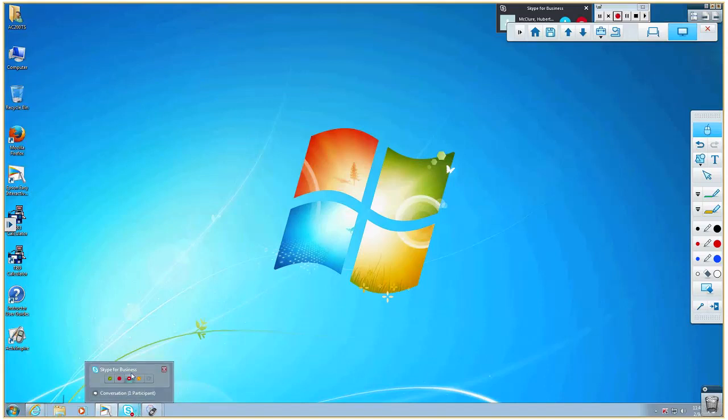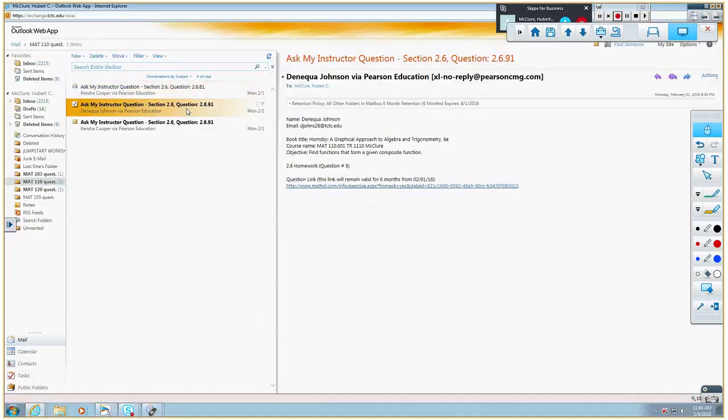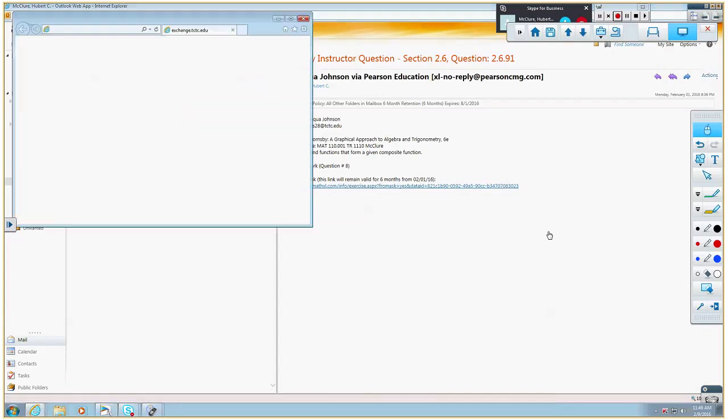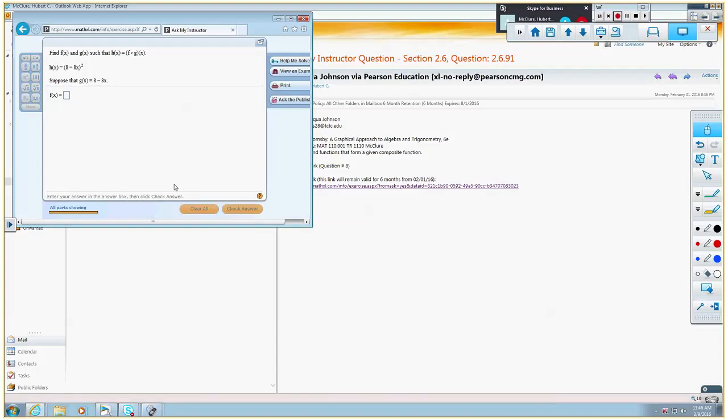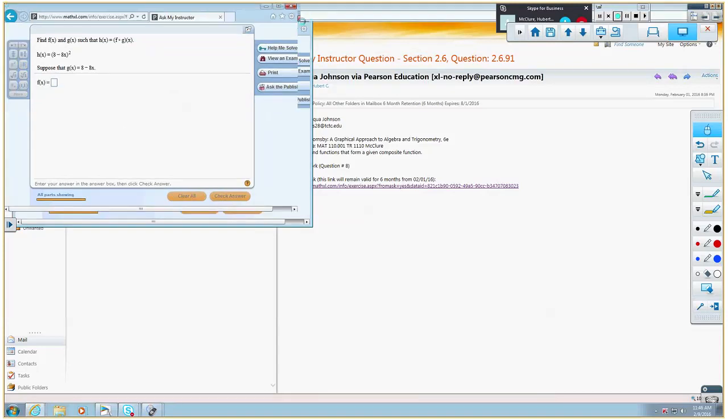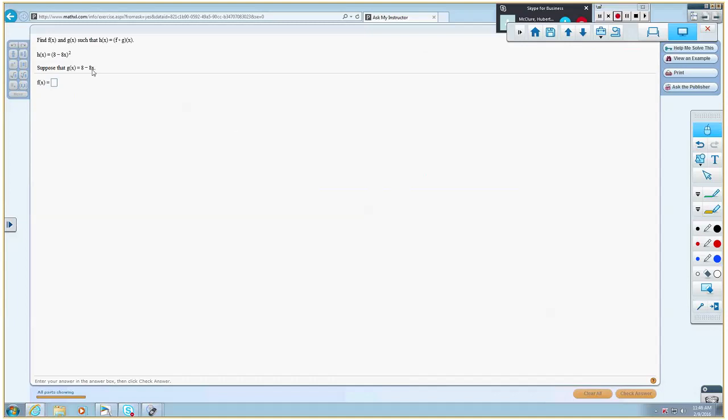Okay, I'll shut up. Next one is 2.691/8. This one says, find f of x and g of x such that h of x is f composed of g of x.